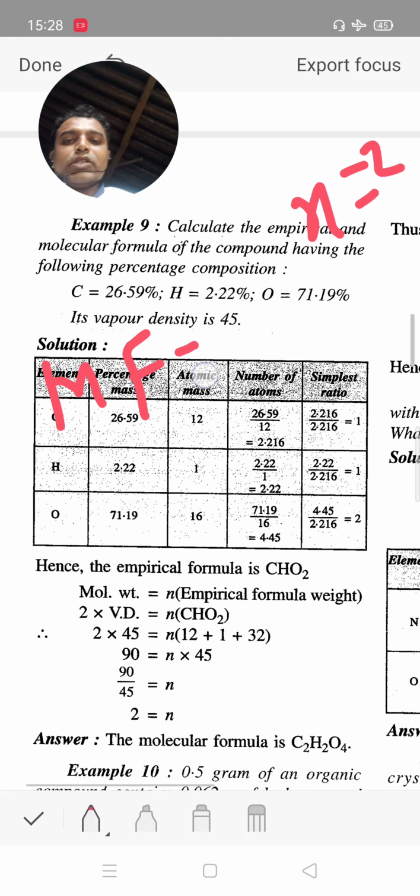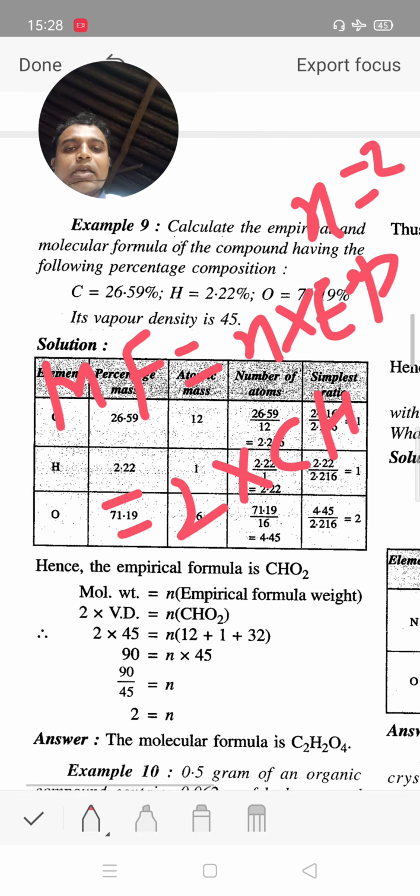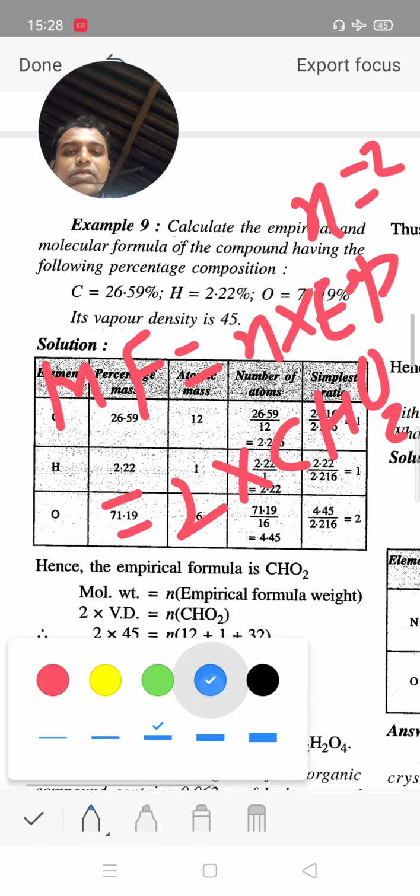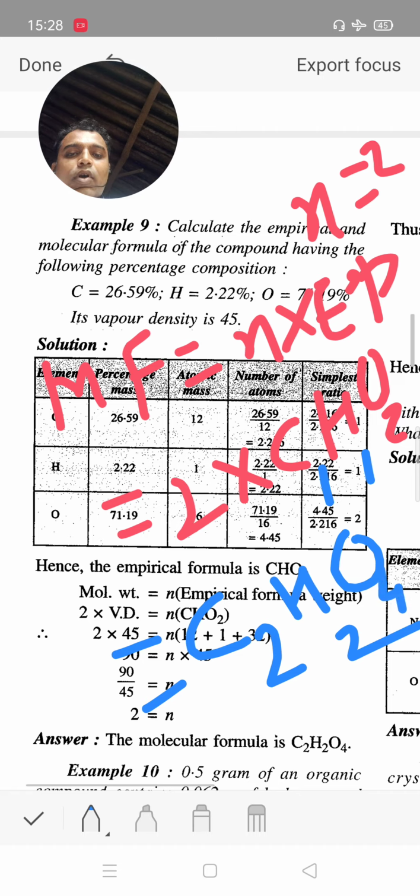Now molecular formula is equal to n into empirical formula. N is equal to 2 and empirical formula C1, H1 and O2. Then 2 carbon, 2 hydrogen and 4 oxygen is the molecular formula of this compound.